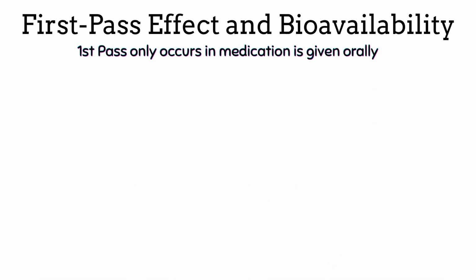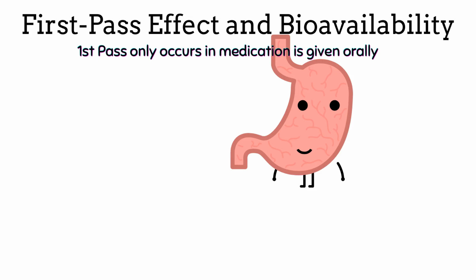First pass effect or first pass metabolism can significantly affect how much of the active drug is available to bind to receptors. Medications, when they're taken orally and absorbed, are sent to the liver within the blood. In the liver, which is the primary site for metabolism, the drug can be changed by enzymes, specifically cytochrome P450, and other enzymes by the addition or removal of certain functional groups.